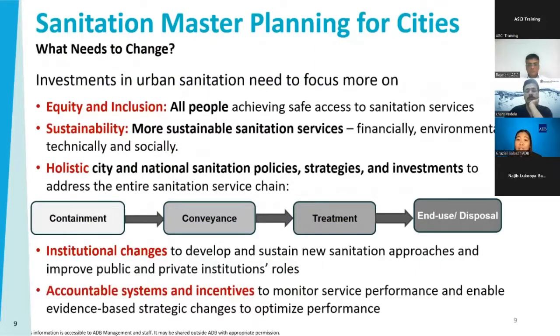Institutions may also need to be restructured to accommodate a CWIS-driven strategy. And lastly, but definitely not the least, systems and incentives need to be in place to monitor sanitation service performance and allow evidence-based strategic and tactical changes to optimize performance in service delivery.